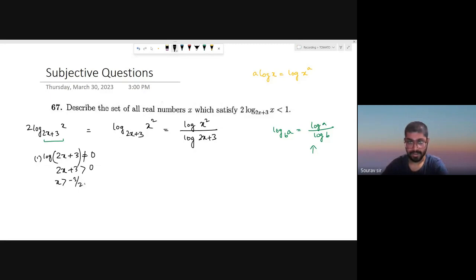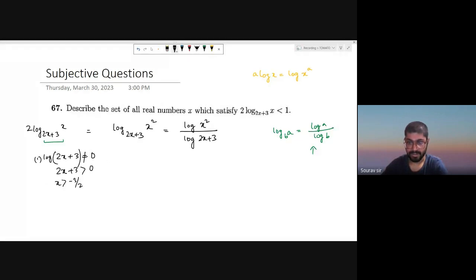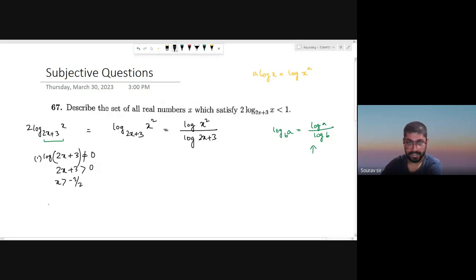So x greater than minus 3 by 2. That's the prerequisite that we'll start dealing with. Anything else? Yes, x should be greater than 0, right? Because we cannot evaluate log x square otherwise. Log 0 does not exist.